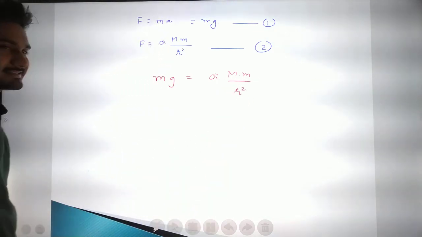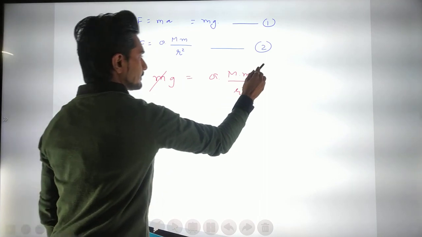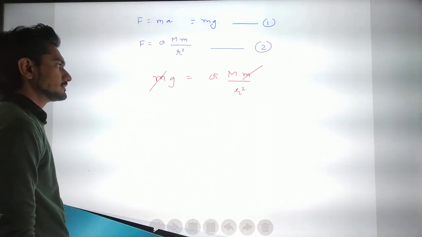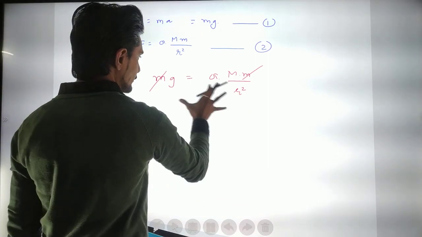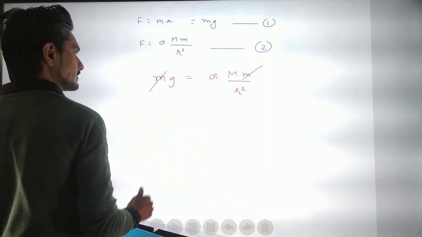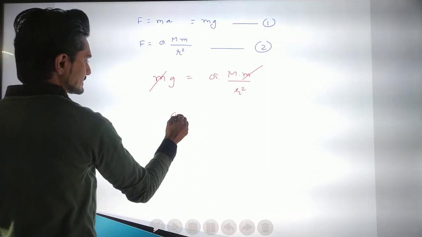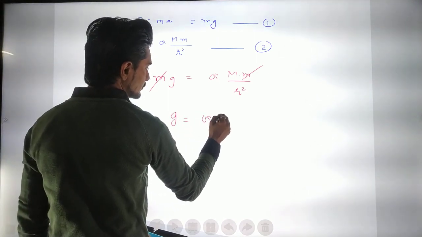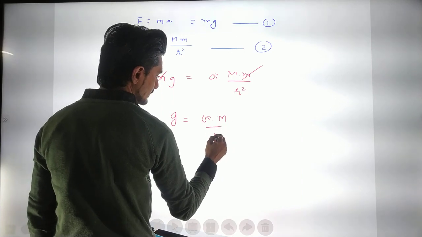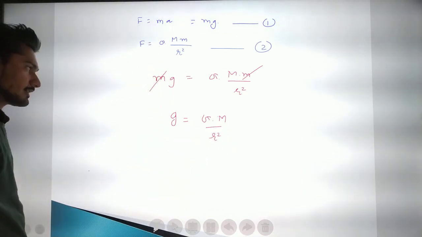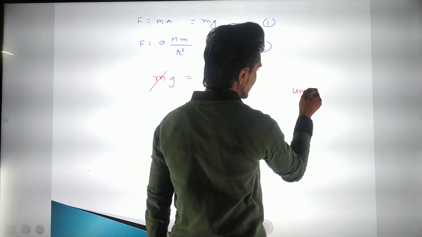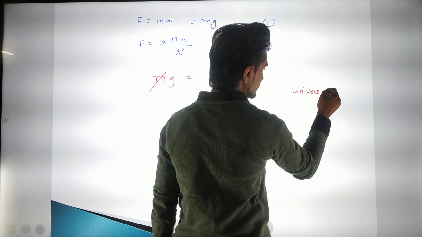Now as you can see, this m is going to cancel. Now what we have to do is take small g is equal to capital G into capital M upon r square. Now we are going to put in the value of the universal gravitational constant.